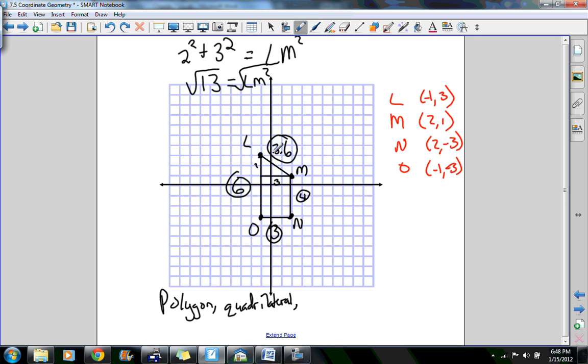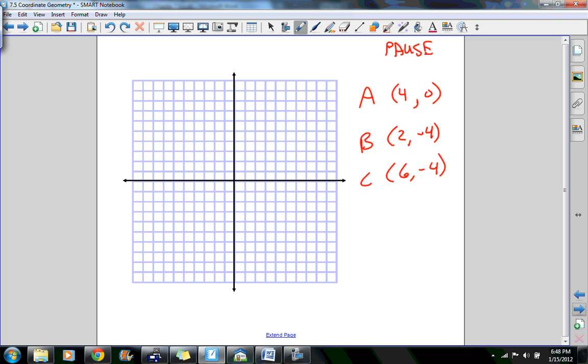Nope, so it can't be a parallelogram because LM and ON are not parallel, but it does have 1 pair of parallel sides. MN and LO are parallel. So this appears to be a trapezoid. So it's a polygon, it's a quadrilateral, and it's a trapezoid. Let's move on. I would like you to pause this one and try it on your own and see if you can figure it out.